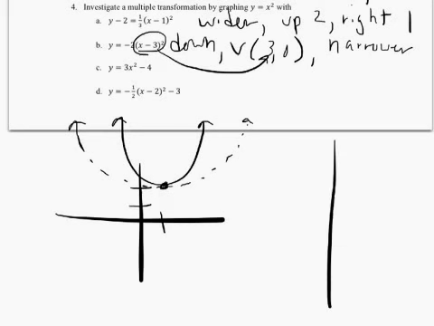So a graph like part B would look something like this. You would shift it 3 units to the right because of the x minus 3 quantity squared, but there's no k value here, so you don't shift up or down. So you leave it there, and you put a dot here to show the vertex. It's going to open downward because the a value is negative, and because it's a 2, it's going to be a narrow graph.